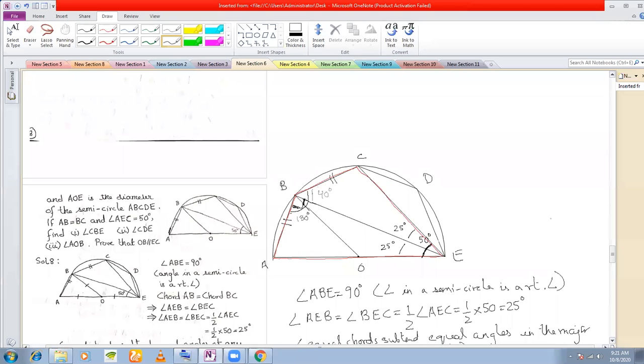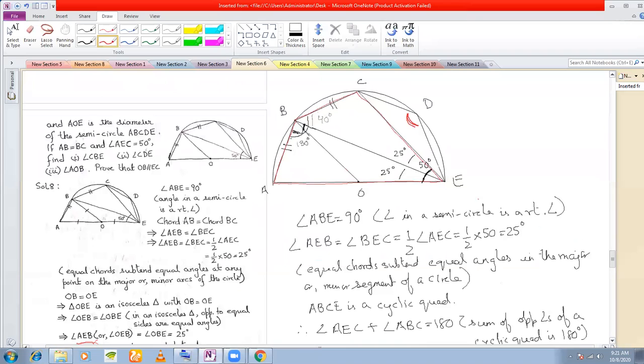Now next question, CDE. Which angle is CDE? This one is CDE. Now I need to find out this angle. So how to find out this angle? If you observe again, this is a cyclic quadrilateral that I'm marking in green.